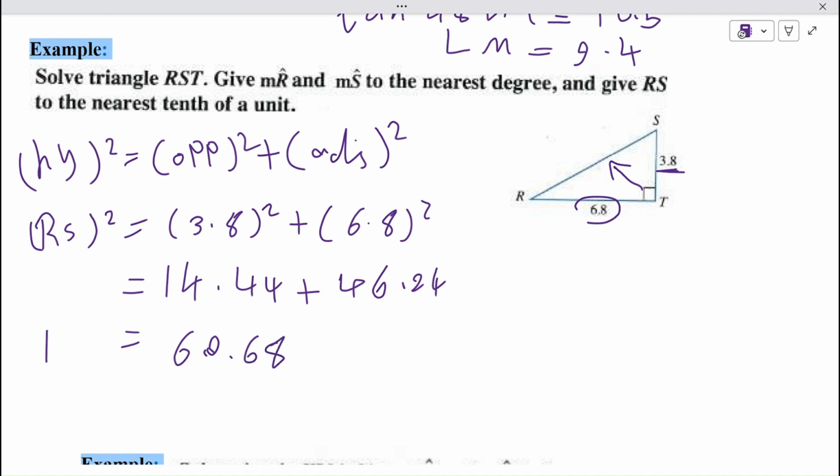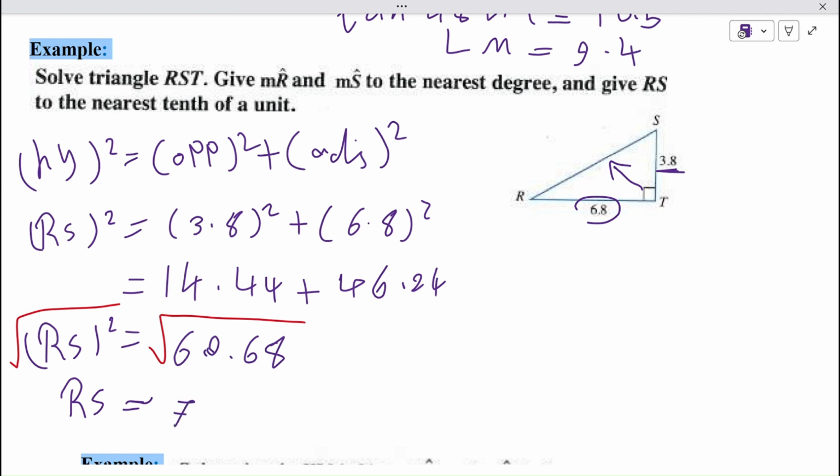Guys, by taking the square root of both sides, we get RS is equal to the square root of 60.68, which is approximately 7.78. This is the length of RS.